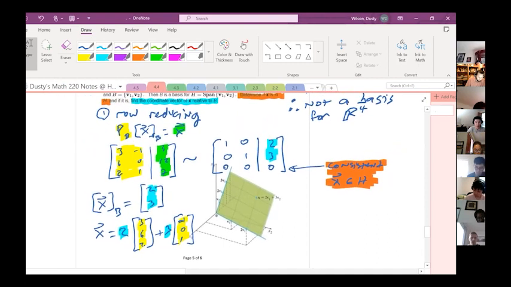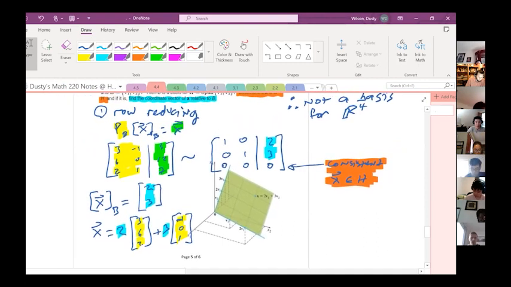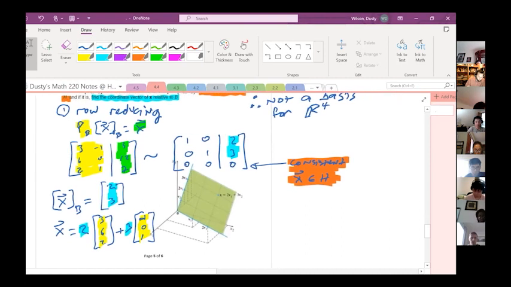So this lets us find the coordinate vector of X relative to B. All that is following kind of a row reducing method.